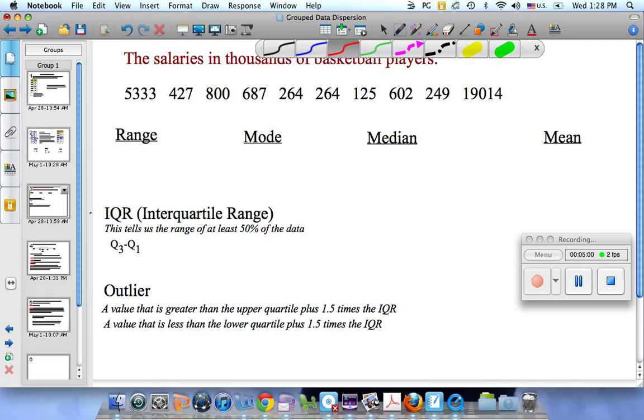So this dude over here, that means we got to add on 3 zeros. So this guy right here is making, let's put some commas in, $19 million in a salary. I'm not a basketball player, but I would assume that would be somebody like LeBron James. I don't know what his salary is, but hey, that's who we're talking about.